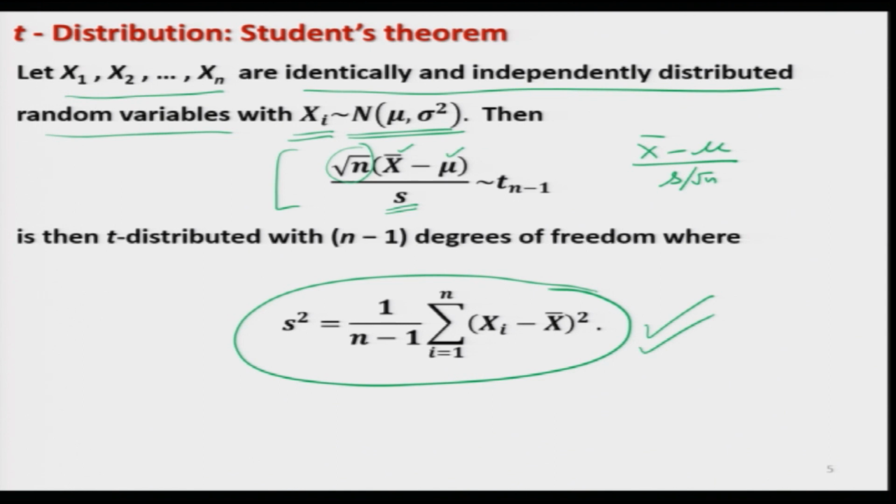And if you see what I have done here, we have simply standardized the sample mean. Then the probability distribution of this statistic, that is square root of n times x bar minus mu upon s, will be a t distribution with n minus 1 degrees of freedom. So, you can see here that the degrees of freedom are changed and reduced by 1.